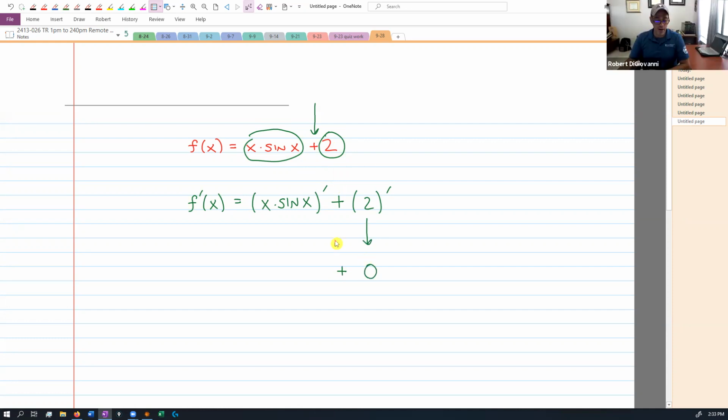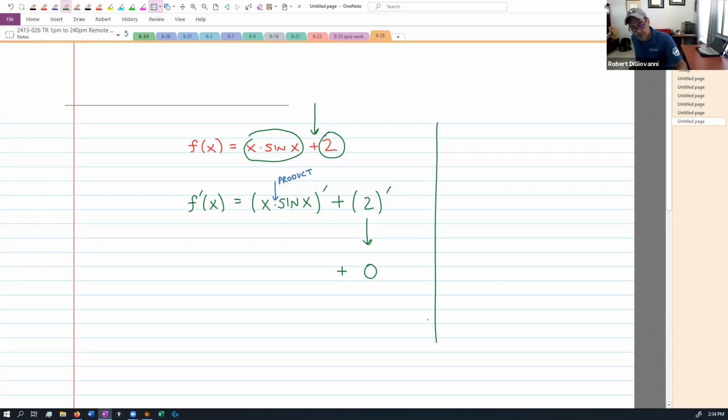That's the easy part. This, though, is a product, right? We have a product there. And we have not learned how to deal with the derivative between two things that are being multiplied. If they're being added, we can do them individually. If they're being multiplied, can you do it individually? That's the question, right? No. Yeah, I mean, we're not, but let's just see.